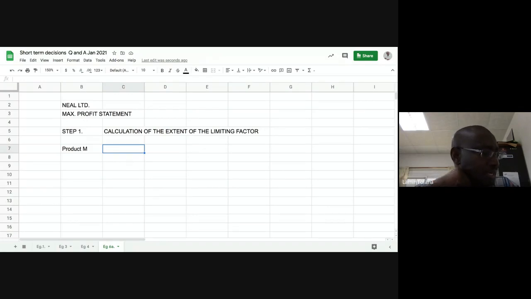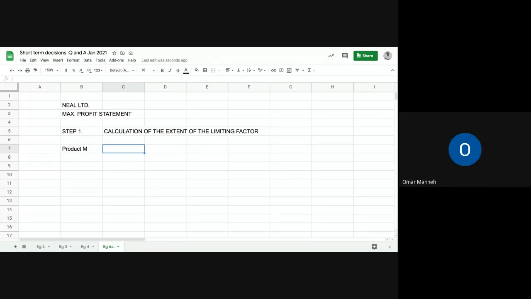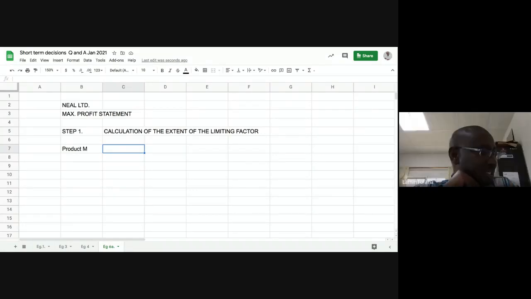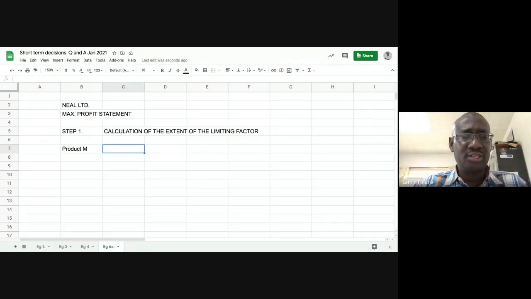How can we calculate it? It is going to be the budgeted units times the machine hours per unit. Exactly. Simply, it is the budgeted units multiplied by the machine hours per unit. The budgeted units are 600.